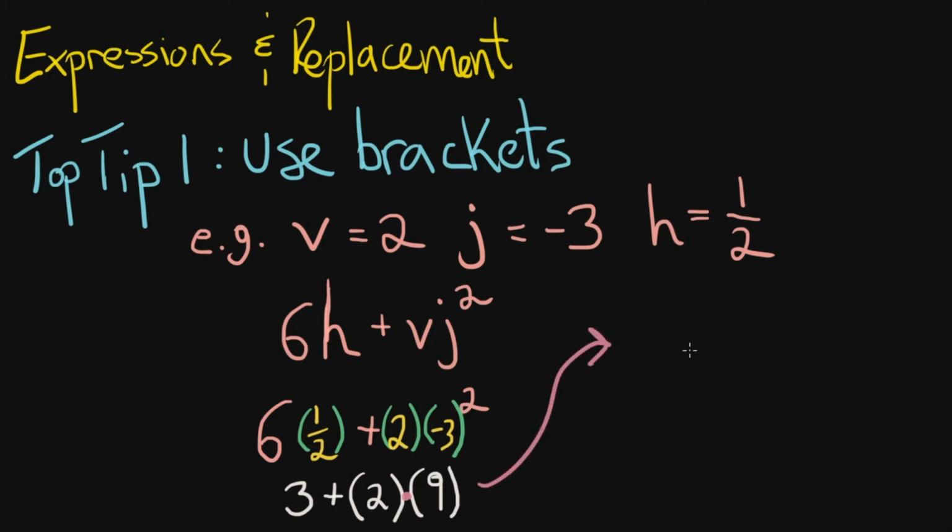So here we would have 3 plus 18, which would give us the answer of 21. So using brackets is going to be really, really important for cutting down on errors and making things very, very clear. So that is definitely my top tip.